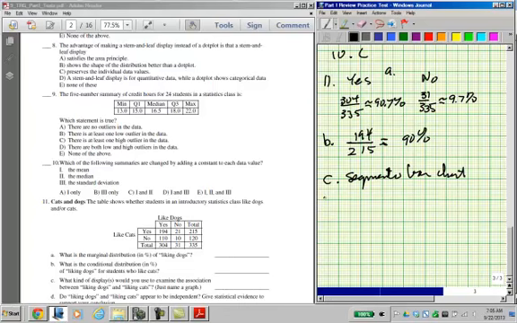For contingency tables with marginal totals. Why? Because segmented bar charts show 2 variables.